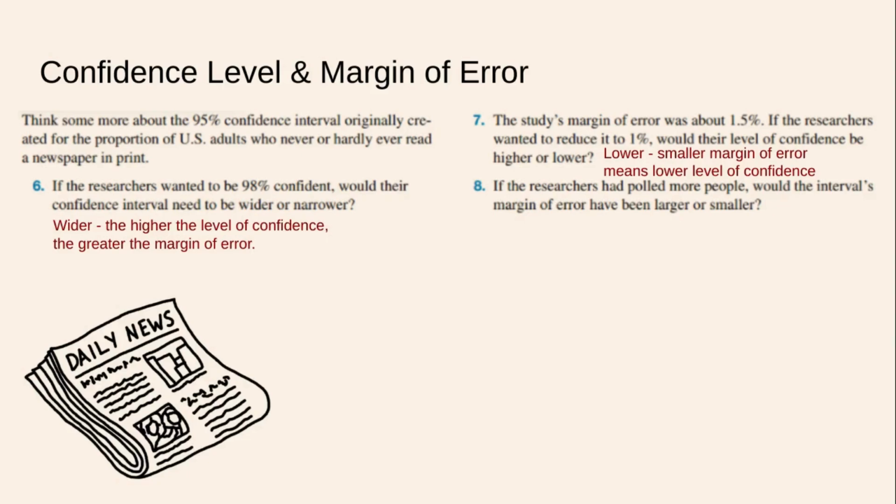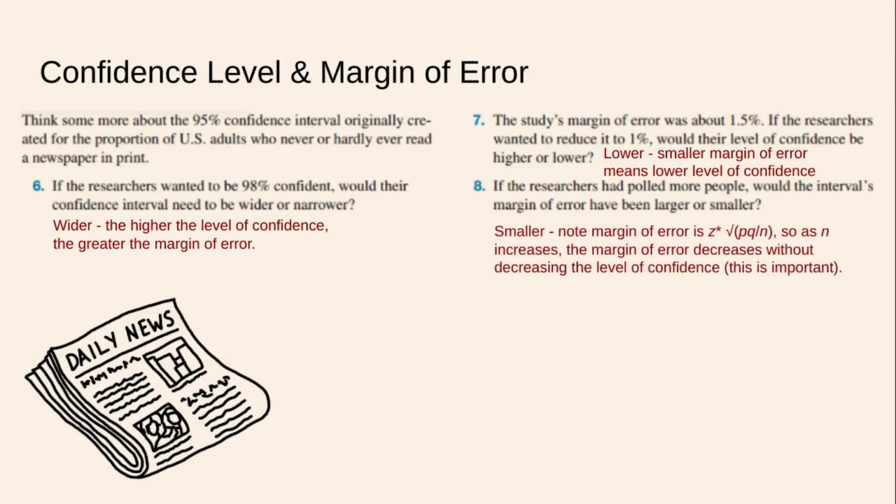Number 8, and this is the most important question by far. If the researchers had polled more people, would the interval's margin of error have been larger or smaller? And interestingly, smaller is the answer. The margin of error would have been smaller, mind you, without reducing the level of confidence. And that's important. Note that the margin of error is z-score times the square root of PQ over n.